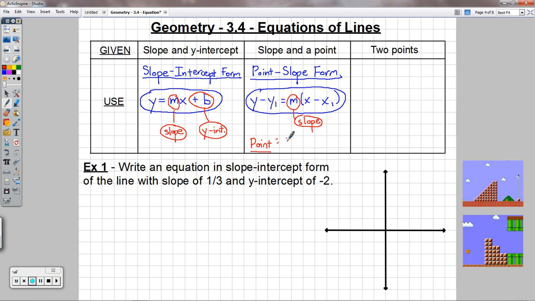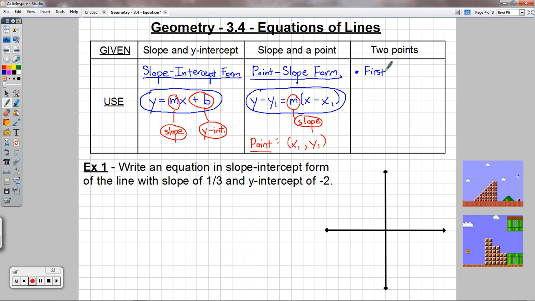So your point is x1, comma, y1, your first x coordinate and your first y coordinate. Or in the case that you're given only one point, it's the only x coordinate and y coordinate that you're actually given. And then for 2 points, we actually use point slope form, but first we would have to calculate the slope. If we don't know the slope, we calculate that first and then use point slope form.